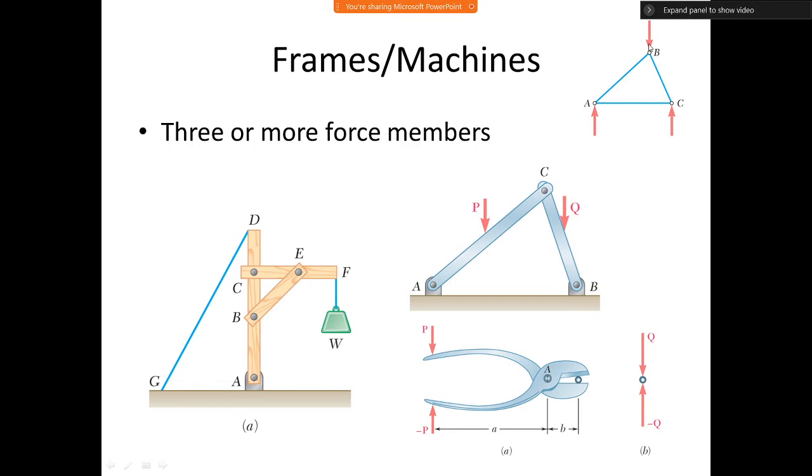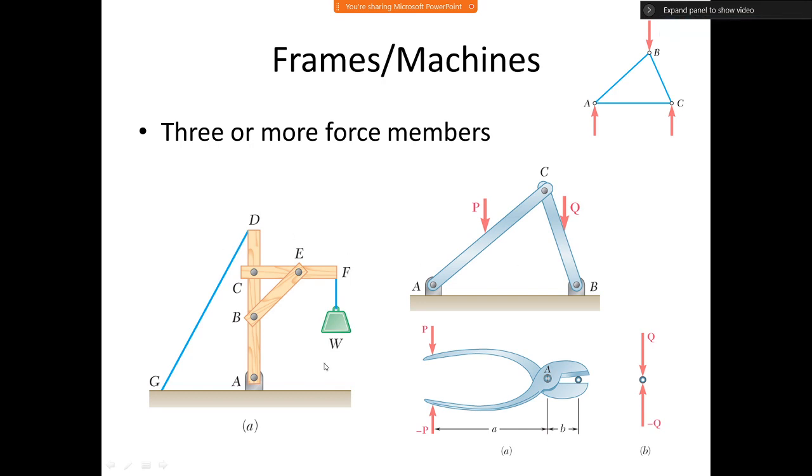Now if the external loads act somewhere in the middle of the link, such as in this case, then members AC or BC become 3 force members, because you have forces at node A, at C, as well as in between. So these are 3 force members, and these are categorized as frames.